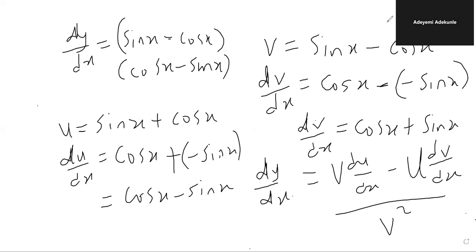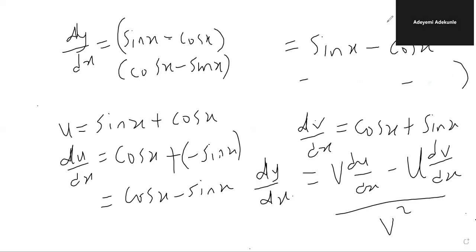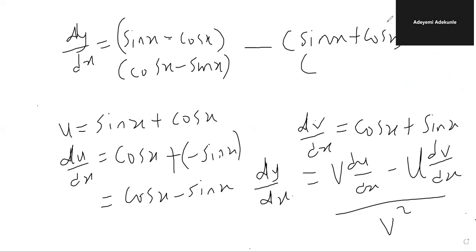Minus our u, which is sine x plus cos x, times our dv dx, which is cos x plus sine x.